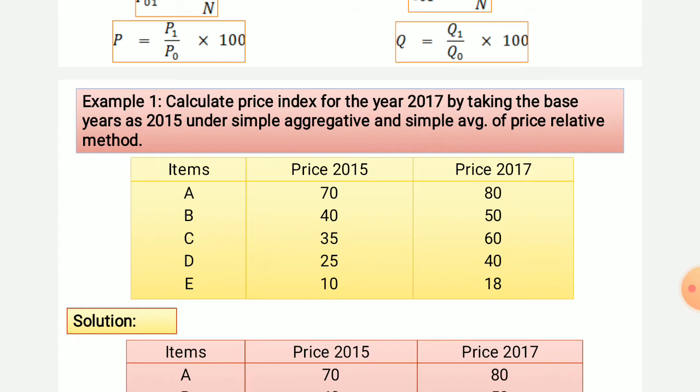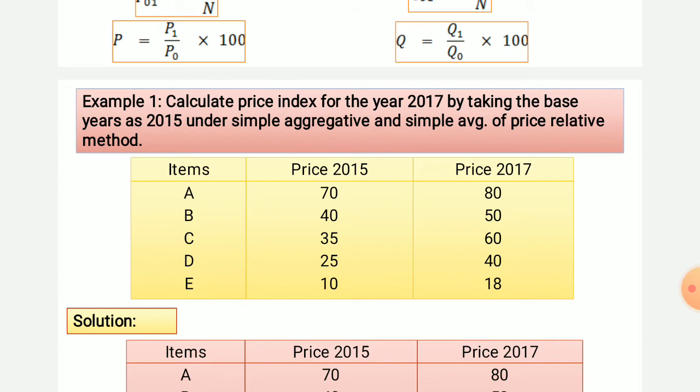So different items are given for base year prices and current year prices, the prices of 2015 and 2017 are given. So having this data, we have to calculate price index for the year 2017 by taking the base year as 2015.